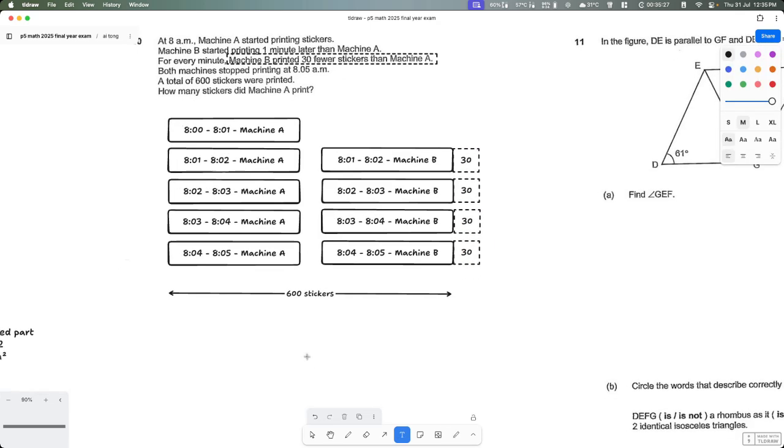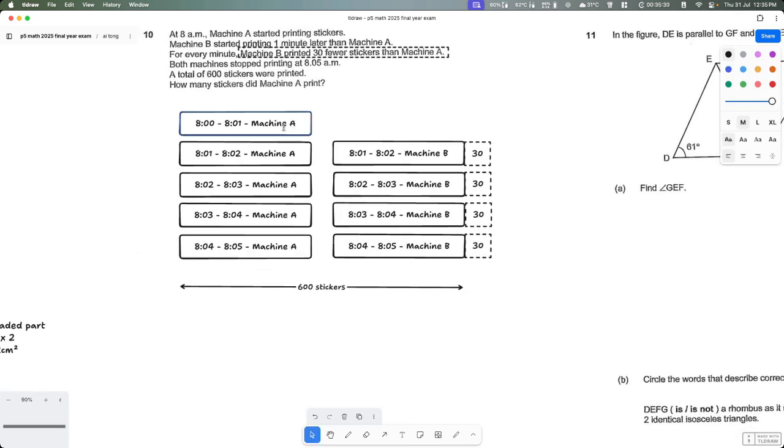Okay, in this case, if you were to count 1, 2, 3, 4, 5 plus 4, this will give you 9 units. So 9 units is not equal to 600 stickers. 9 units is equal to 600 plus 30 times 4, because machine B is printing fewer stickers, so we need to add this in so that we know the total of 9 units.